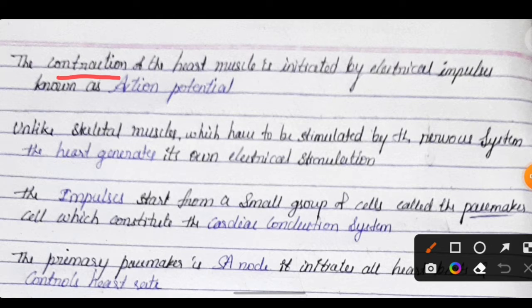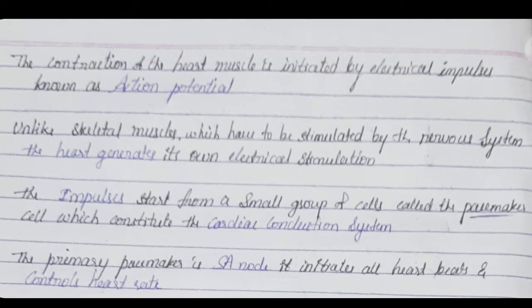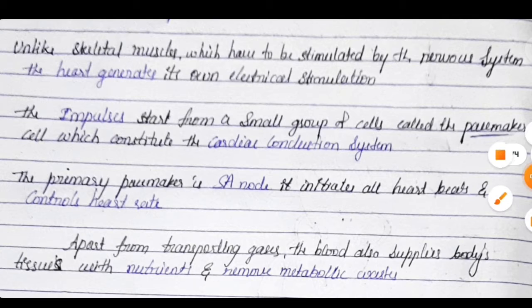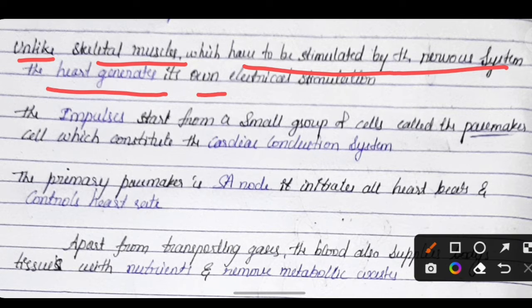The contraction of heart muscle is initiated by electrical impulses known as action potentials. Unlike skeletal muscle, which has to be stimulated by the nervous system, the heart generates its own electrical stimulation.